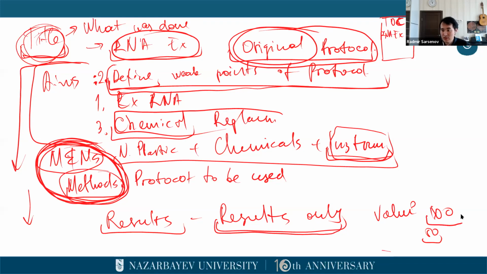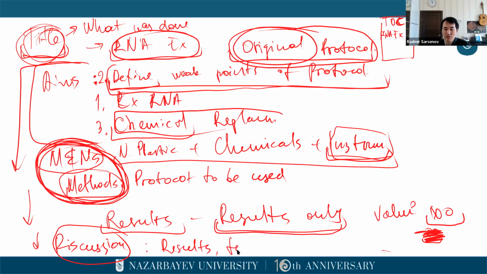So the value is 100, that's it. Why? Because then you have the discussion section. The discussion section is actually about discussing the results, troubles, then the protocol steps, chemicals used, etc.